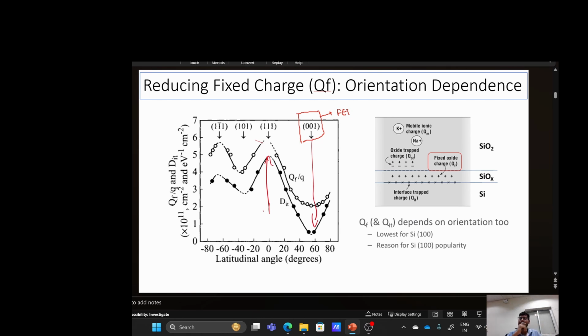That is why these wafers are used in the semiconductor industries for CMOS applications. In our mobiles or any kind of devices, wafers with 100 orientation are used.